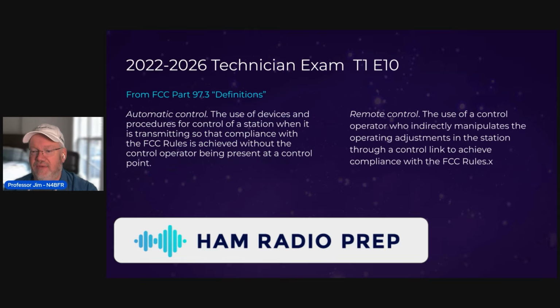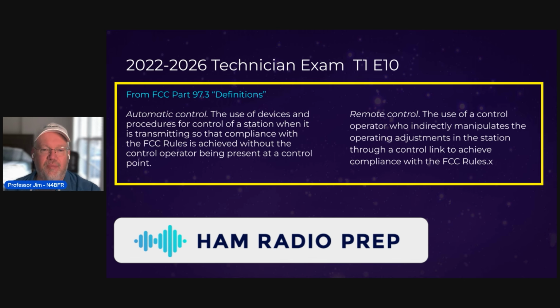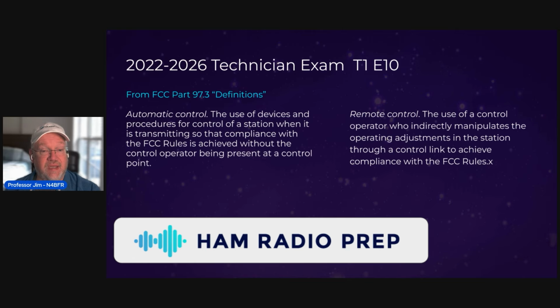Let's flip to the next slide here, because what I did was I pulled up a group of questions. I pulled up the definition. I went to the FCC regulations and I pulled up the 2 definitions here. They have a section in Part 97, and that's the FCC part that governs amateur radio.